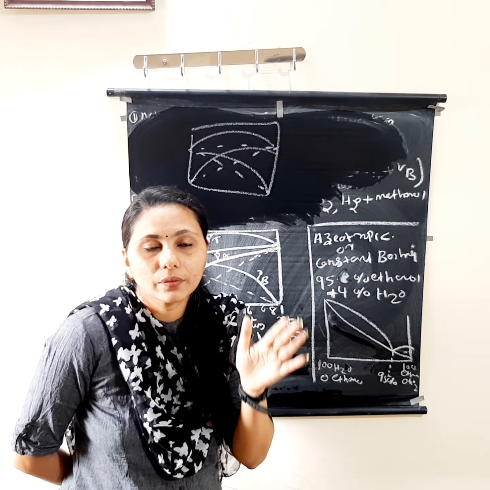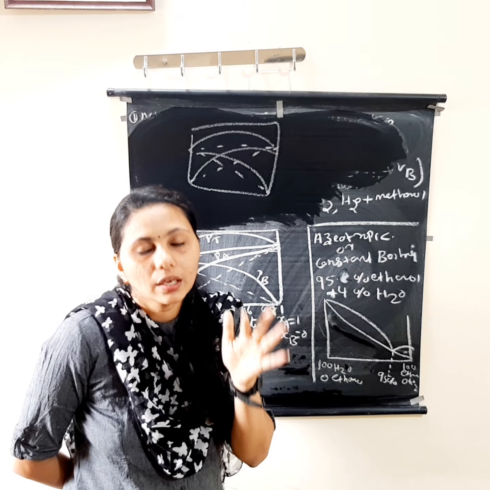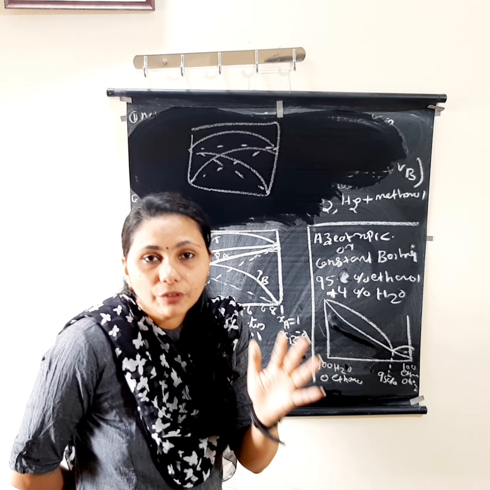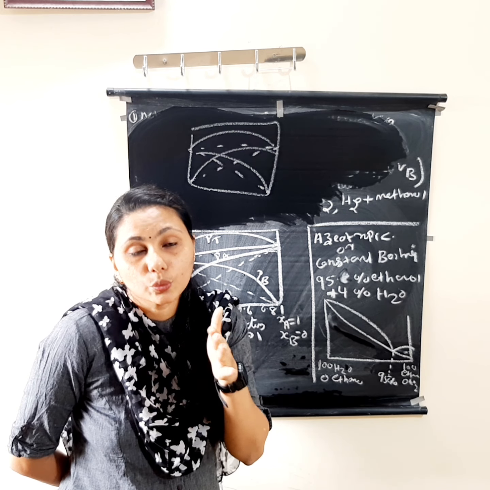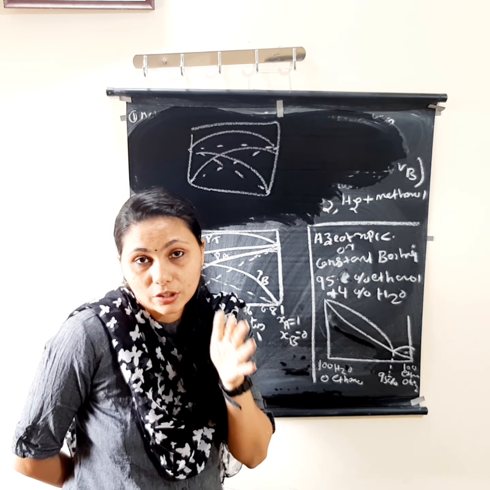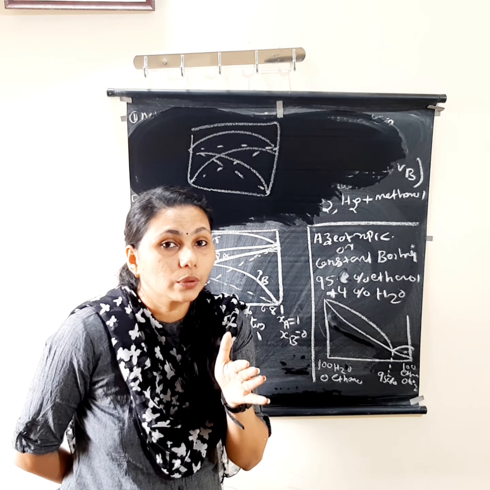It's exactly given in the book as 95.6, but approximately I'm taking 95% ethanol and 5% water. That mixture is an example of which one?